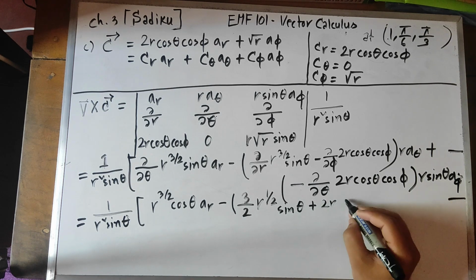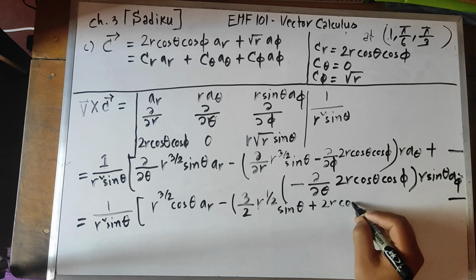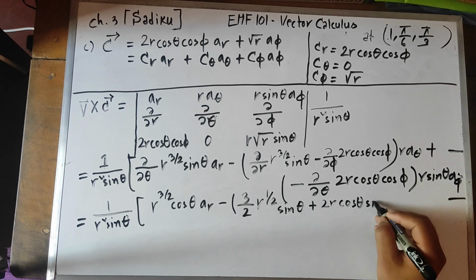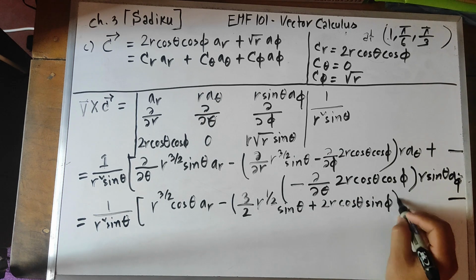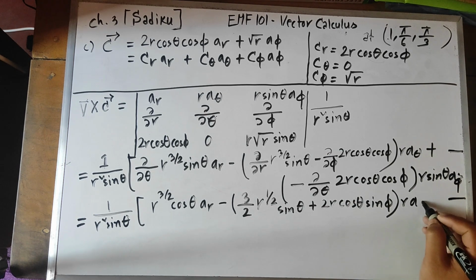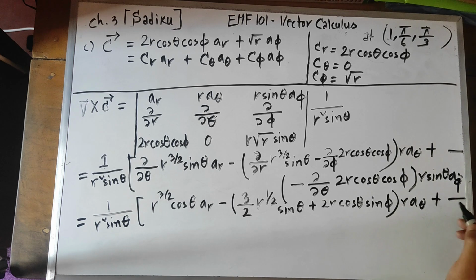Minus minus and minus plus 2r, 2r cos theta sin phi, here partial differentiation with respect to phi, r a theta, plus.